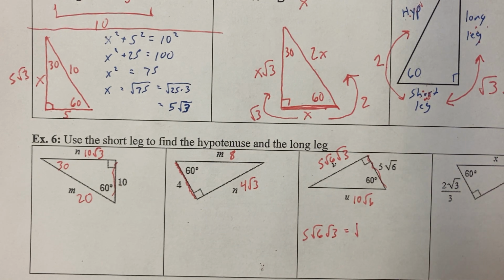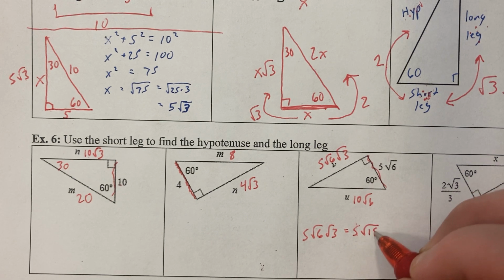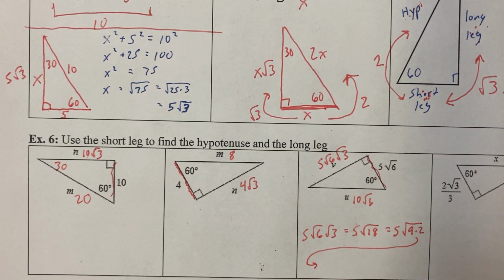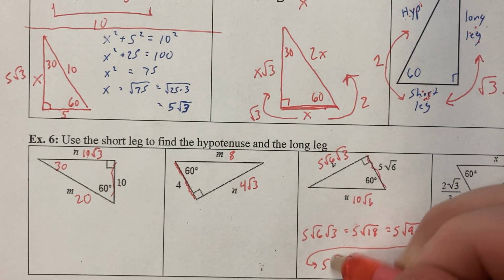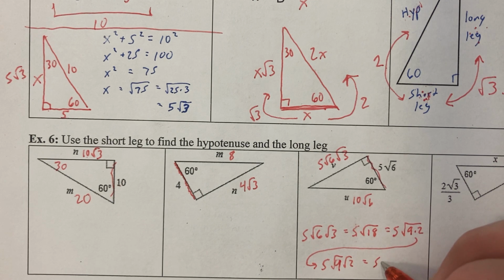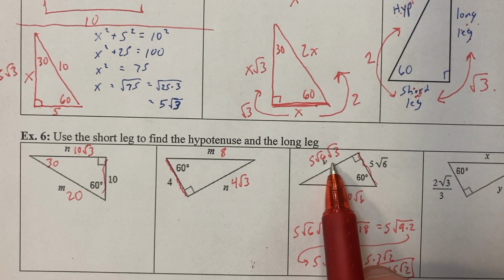That's the same as 5 root 18, which is the same as 5 root 9 times 2, which is the same as 5 root 3 root 2, which is the same as, oh, I got that wrong. 5 root 9 root 2, which is the same as 5 times 3 root 2, which is the same as 15 root 2. Turns into that. But really, it's just times root 3.